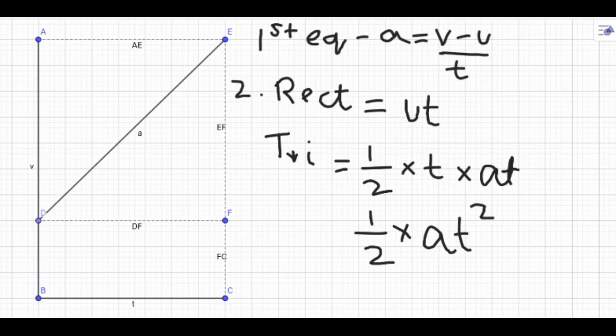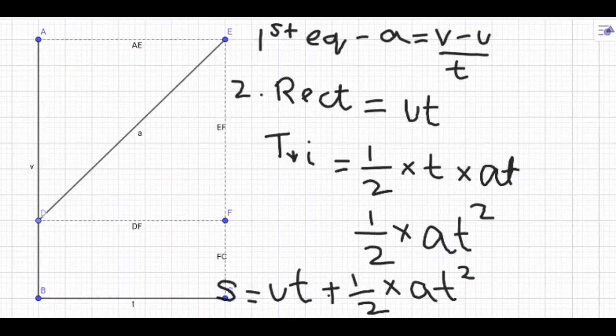Now when we add both of them, we get UT plus half multiplied by AT square. So the distance, which is written as S, is equal to UT plus half into AT square. And thus we derived the second equation. Let's move on to the third equation.